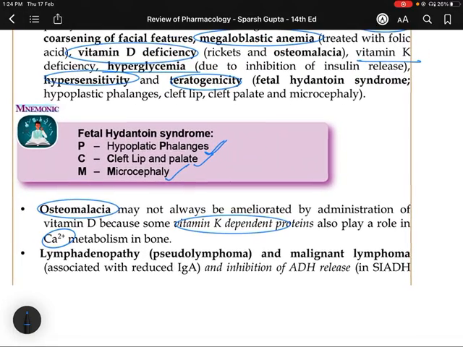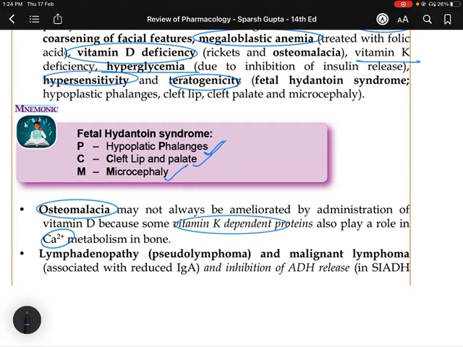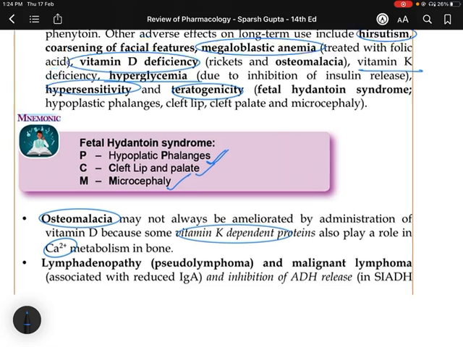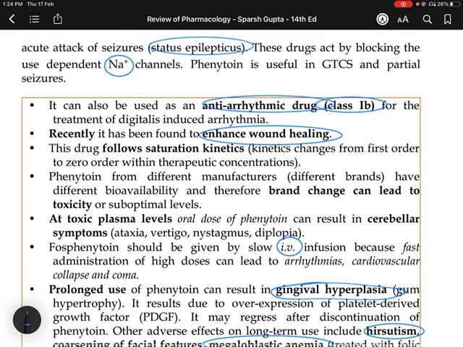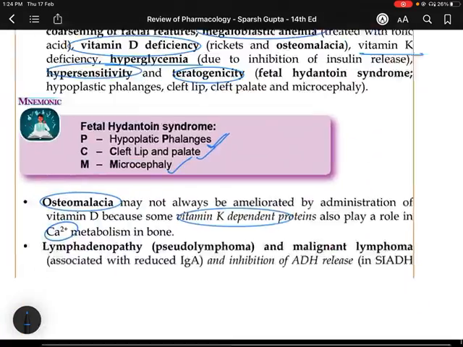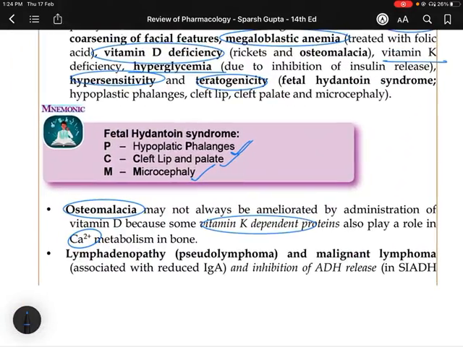So next is lymphadenopathy, or pseudo-lymphoma, or malignant lymphoma. IV phosphenytoin should be given by slow IV infusion. Okay. Lymphadenopathy, so pseudo-lymphoma and malignant lymphoma.